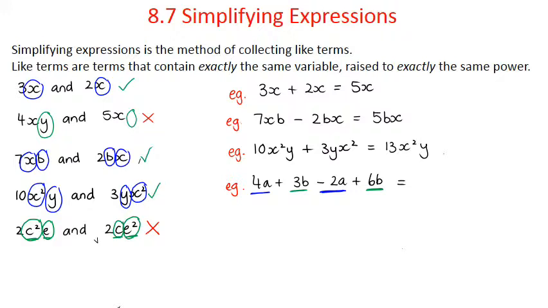So you just collect them up in groups. So we have 4a minus 2a. If I start with 4 of our a and we take away 2 of our a, we're left with 2 a's. And if we've got 3b and we add 6b, that gives us 9b. Now we can't simplify any further because 2a and 9b are not like terms, so that is our final answer.